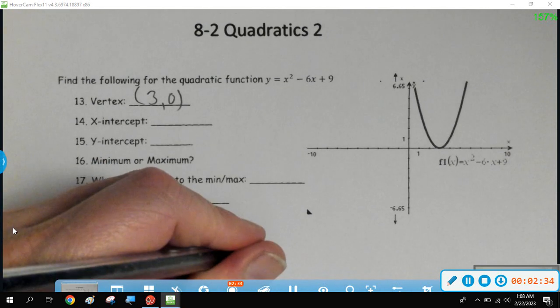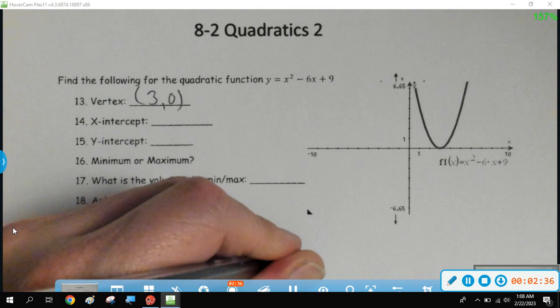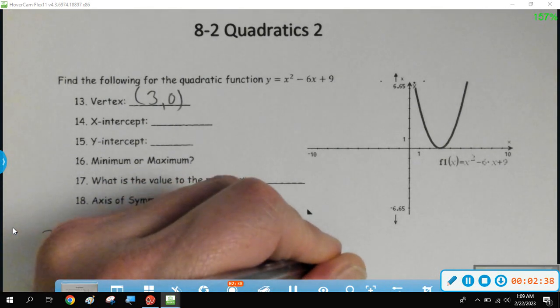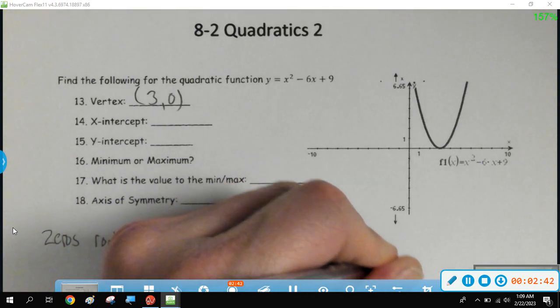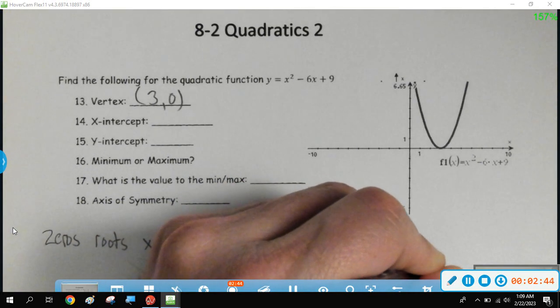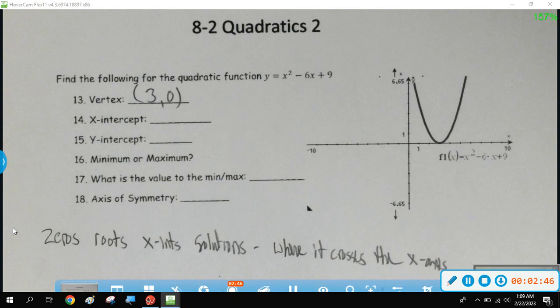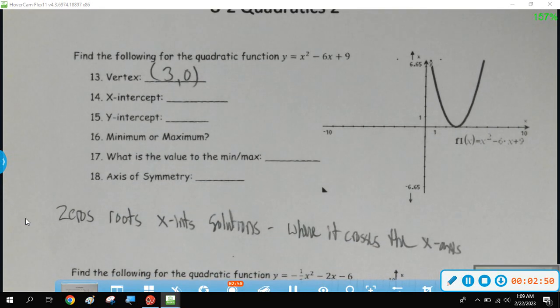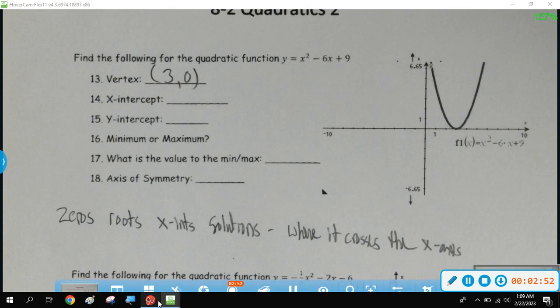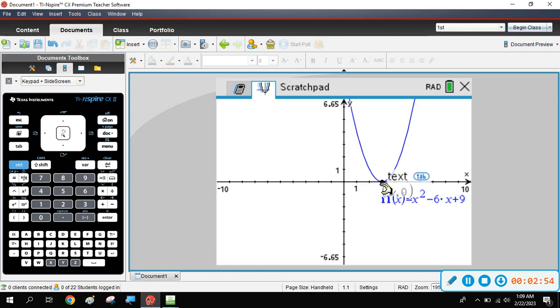All of those mean where it crosses the x-axis. All of those words mean the same thing. And so since we're looking for the x-intercept, again, that means the place where it crosses the x-axis. All right, so that would be here. It looks like it's just the same point as the vertex, and it actually is.